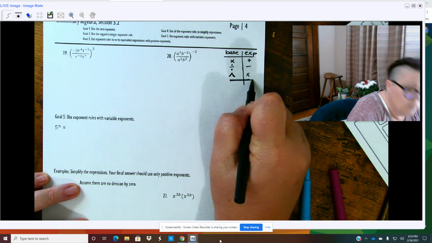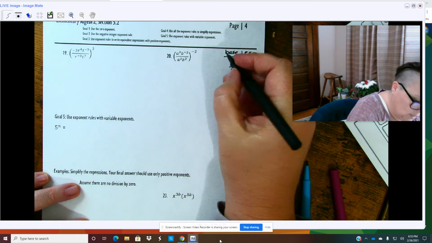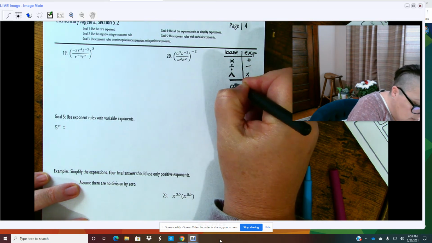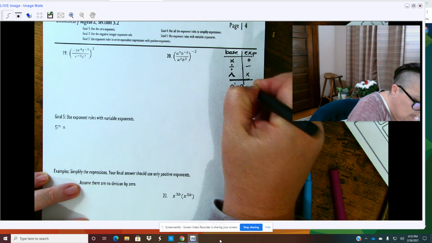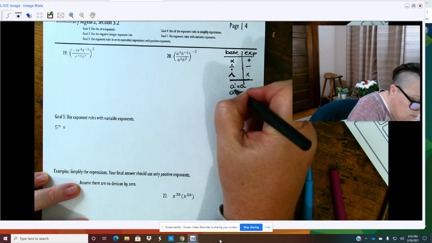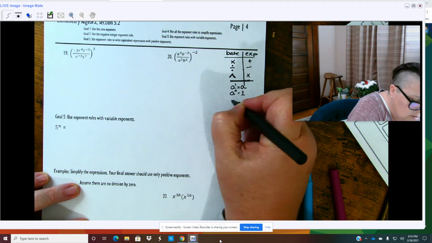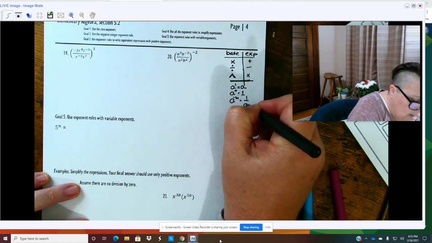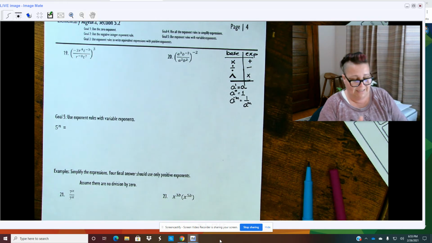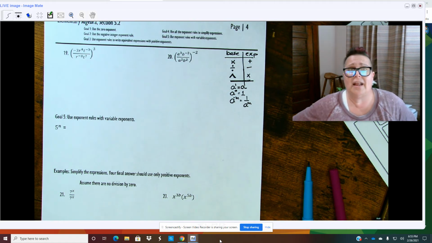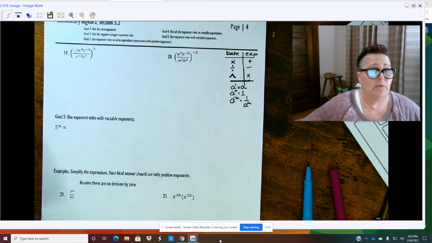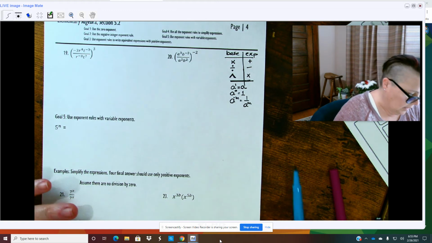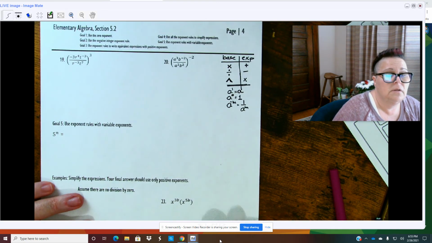I need to remember the 3 other little shortcuts, which is that a to the first power is the same as a, a to the 0 power is a 1, and a to a negative m is 1 over a to the m. Okay, those are my 6 facts that help me get through exponents. All righty. Okay, here we go.